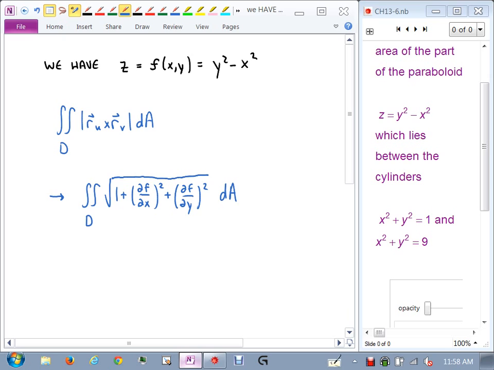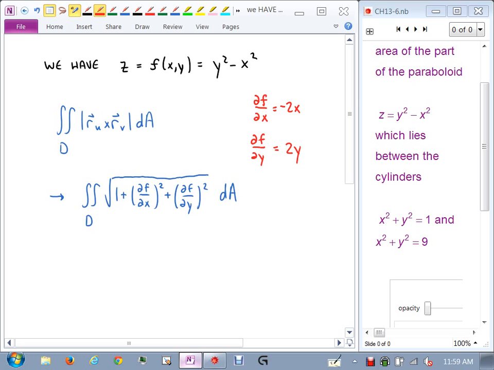So let's talk about some partials because we'll need them. What's the partial of f with respect to x? Wait, that was negative 2x, wasn't it? And what's the partial of f with respect to y? 2y. If I square those, I'm just going to get 4x squared and 4y squared.